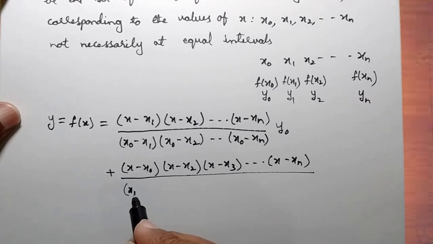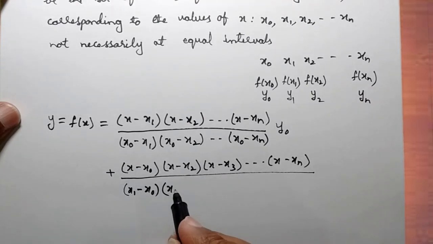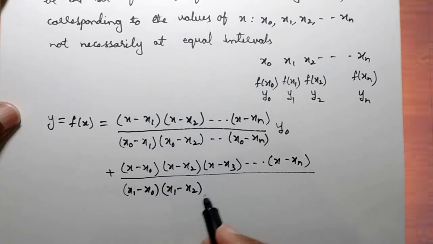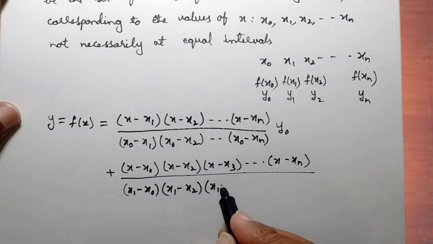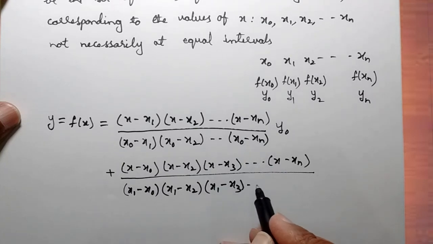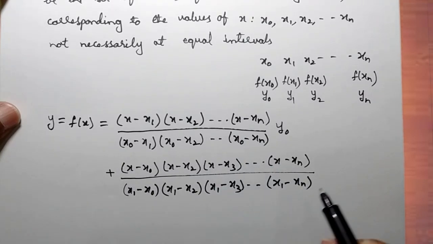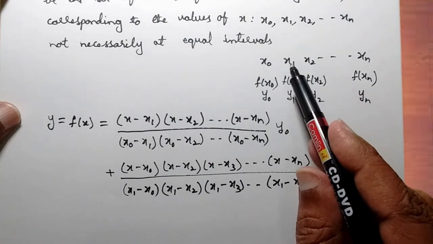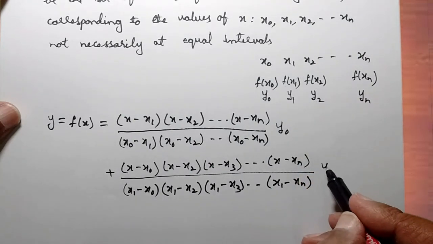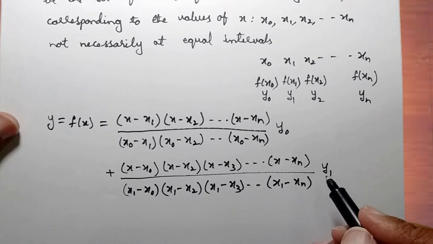This x0 as it is. Here in place of x it will be x1 minus x2, x1 minus x3 and so on, x1 minus xn. For the corresponding value of x1, what is the value of y? It is y1. So this is how you can write.